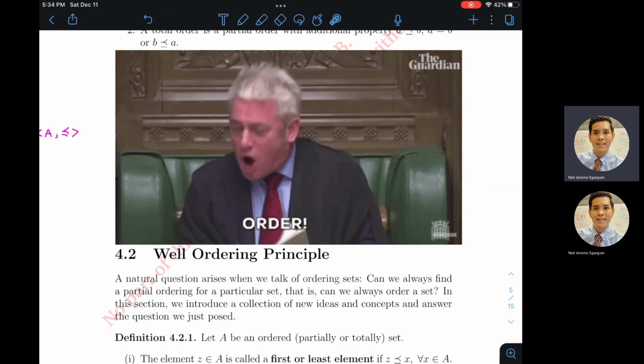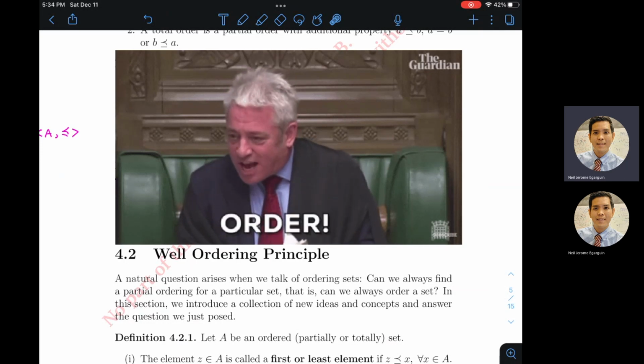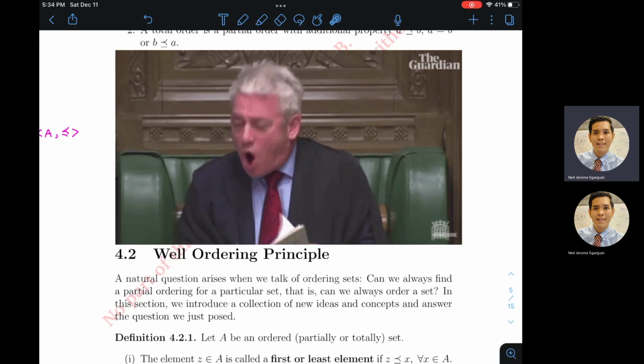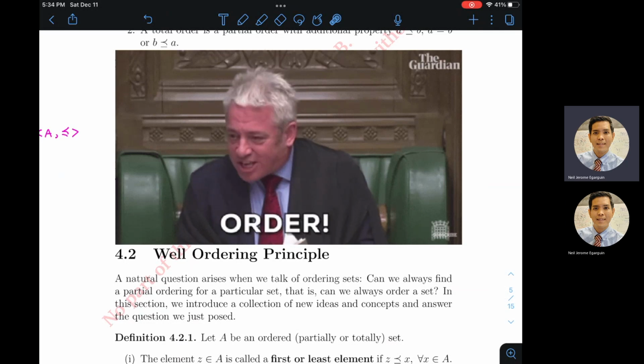So if we are given an arbitrary set, can we construct a partial order on that set? Kasi nga, in almost all of mathematics, ordering is a very important thing. And you will learn that in your future major courses where you will try to establish an order, say, between sets, between functions, etc. All right?